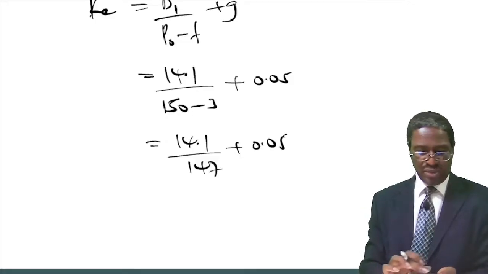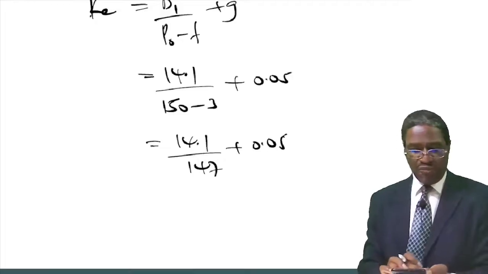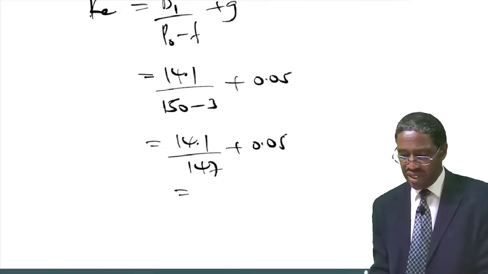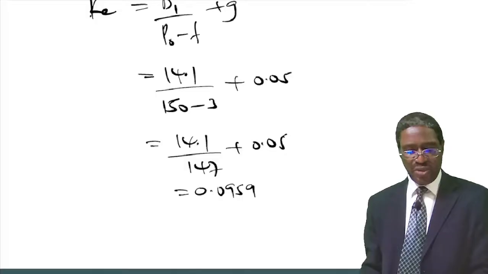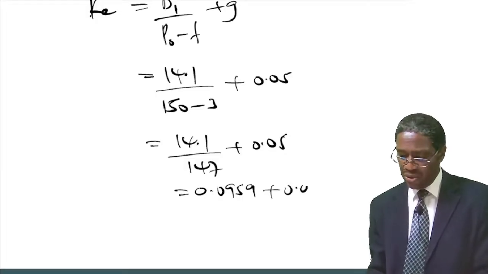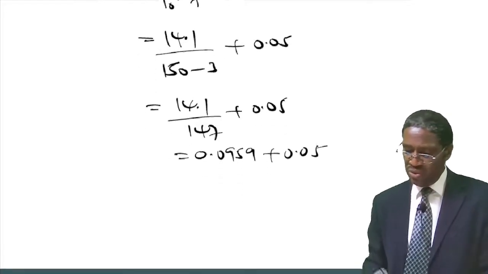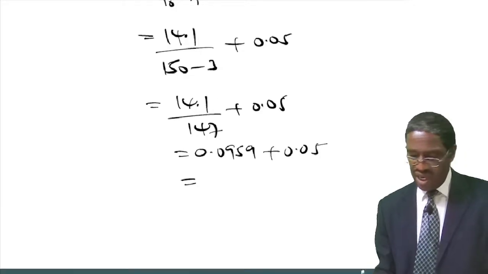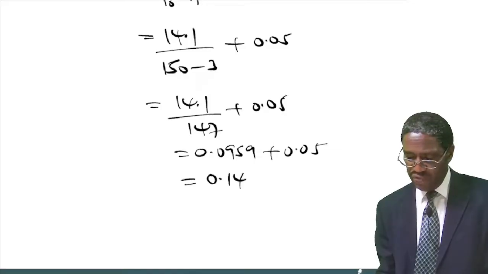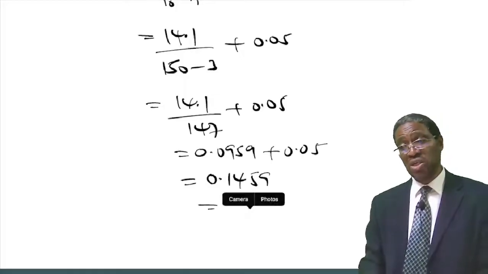If I divide 14.1 by 147, I'm getting something like 0.0959. Let me make it to 4 decimal points. Then plus 0.05: 0.0959 plus 0.05 gives 0.1459.